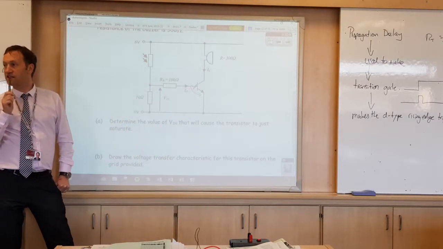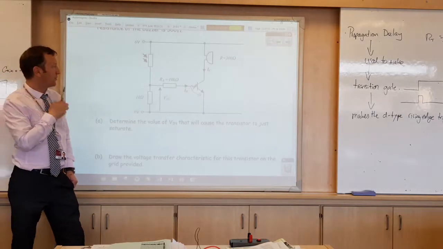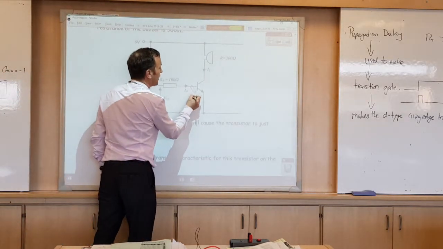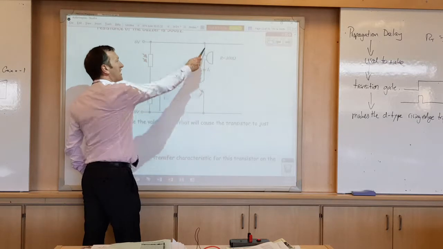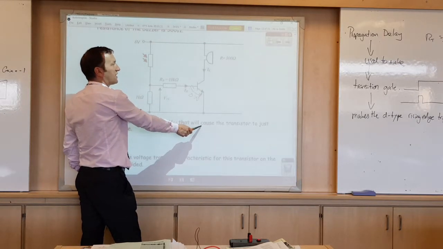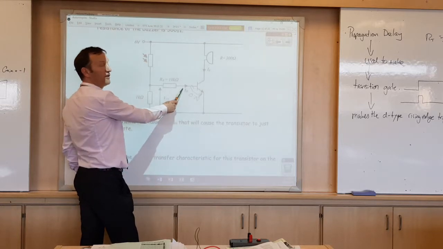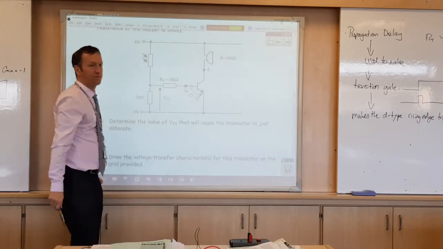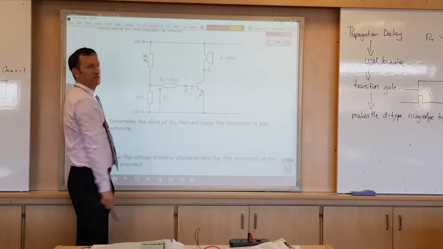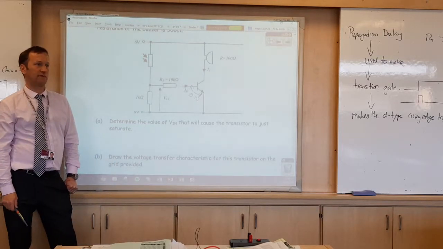What's the base of the transistor, the magic voltage? 0.7. So, what we need to do: calculate IC, gain formula to calculate IB, Ohm's law to work out the voltage across the resistor, and then add 0.7 volts. Okay, that's all there is to it.